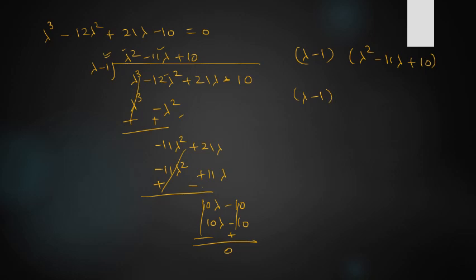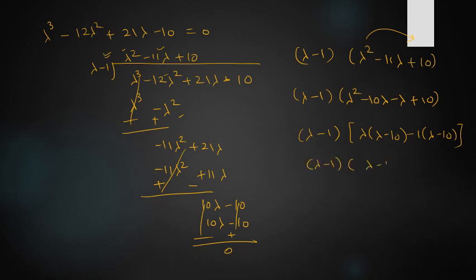And now again factorization, 10 times 1. So what you can have, if you do 10 and 1, which will be 11, right? Minus 10 lambda minus lambda. So factors are lambda common, minus 1 common.